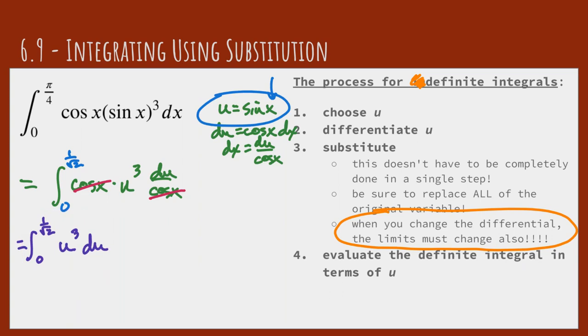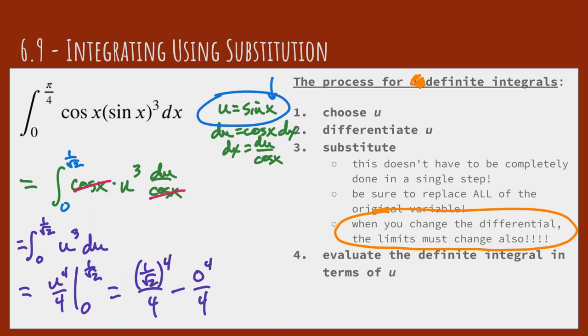So we would evaluate that by taking the antiderivative, u to the fourth over 4, evaluating that from 0 to 1 over square root of 2. And then we have 1 over square root of 2 to the fourth power over 4 minus 0 to the fourth power over 4.